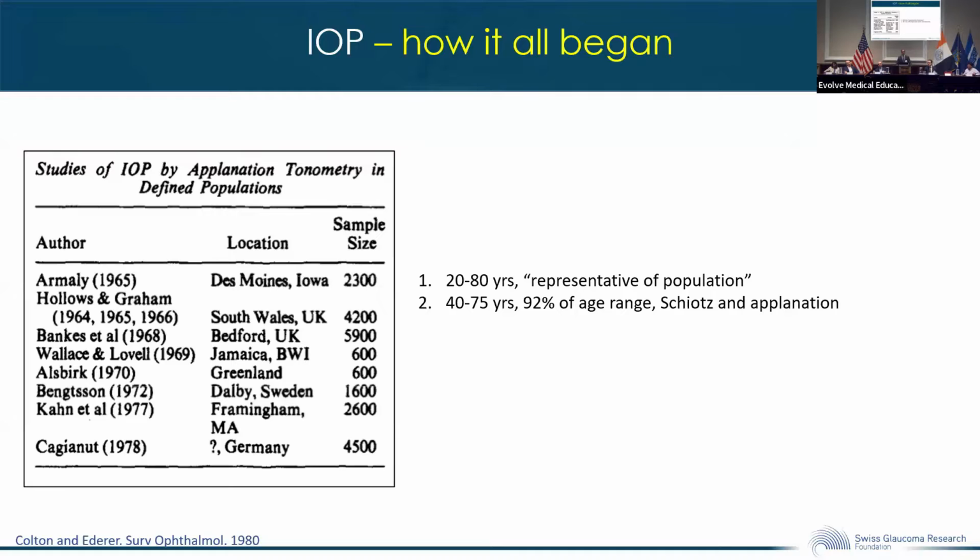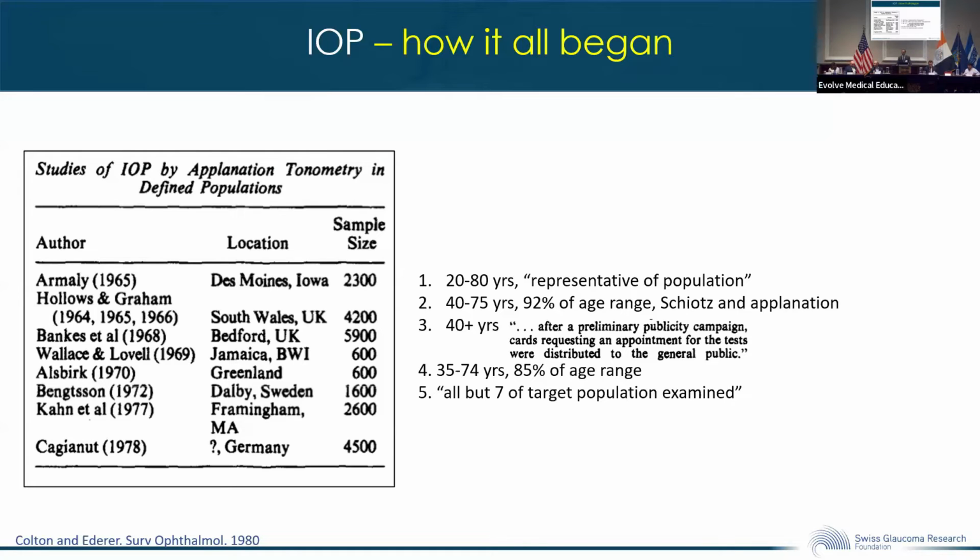These findings were subsequently confirmed in different countries: in the US in the Des Moines study, in the UK in Bedford, in Jamaica, in Greenland, Sweden, through the Framingham population-based study, and in Germany. What you see here in my annotations to these studies is that populations diverged, ages diverged, and the methodology by our forefathers was not as well defined as it is today, of course.